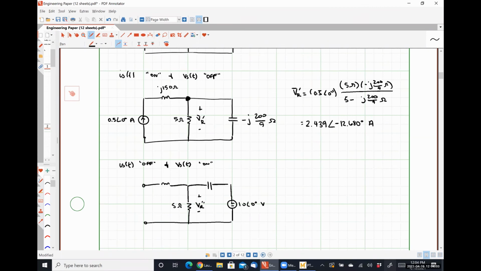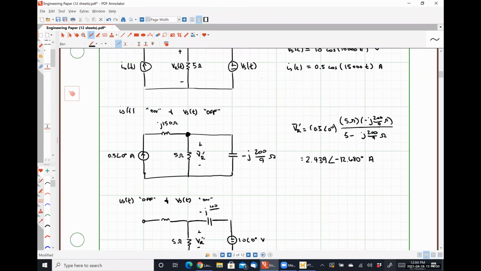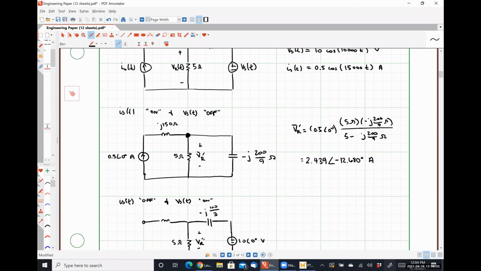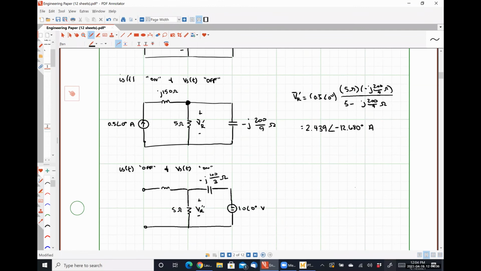So for my capacitor, I'm going to have 1 over 10,000 times 3 times 10 to the minus 6, which is negative J 100 over 3 ohms. So there we go. How could I get VR double prime? Voltage division.